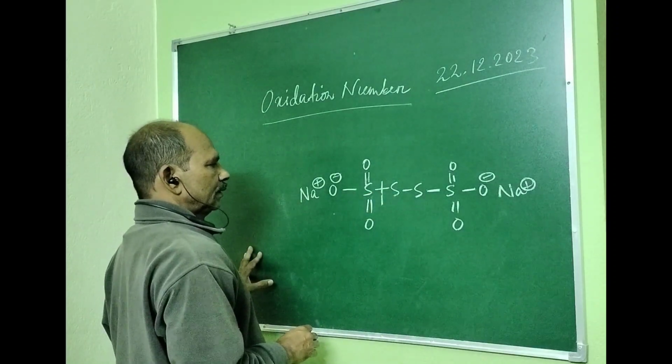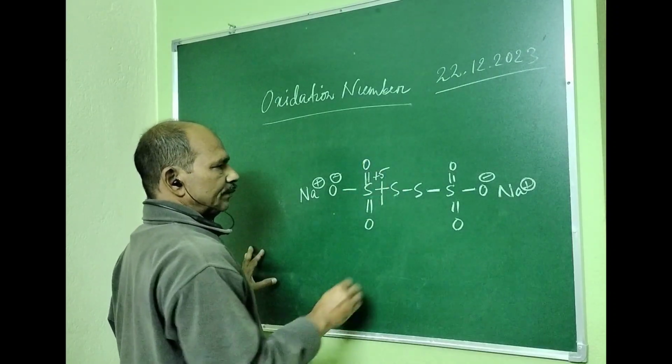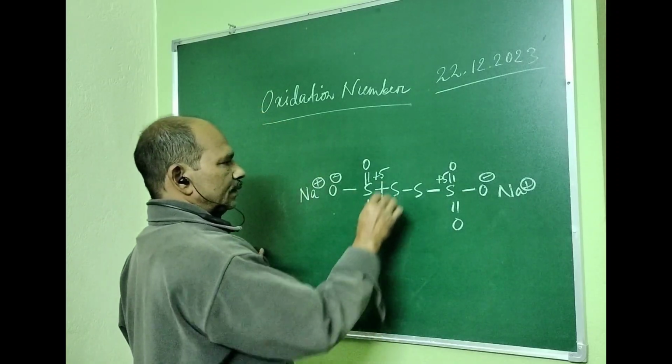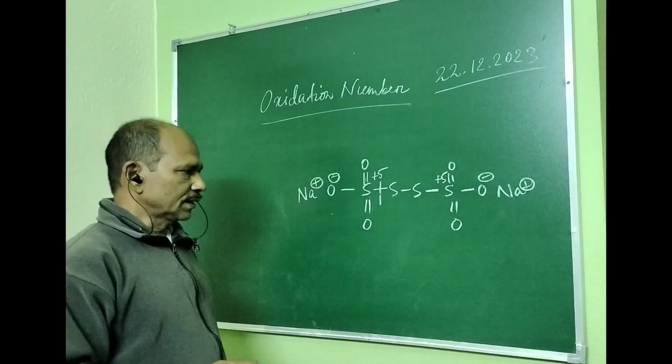Okay. So in these cases, the oxidation number of one sulfur is +5 and that of the other sulfur is 0.